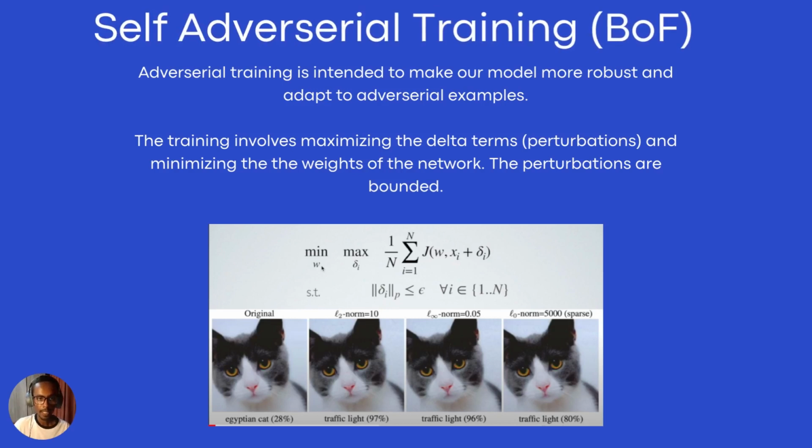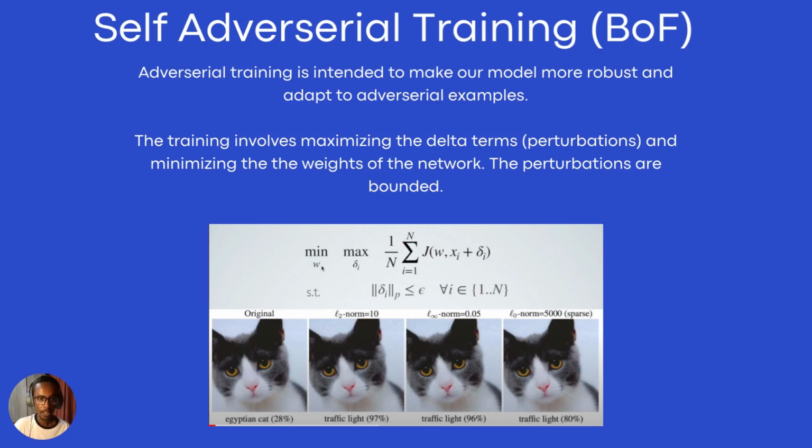Adversarial training is intended to make our model more robust and adapt to adversarial examples. The images that we generate by introducing these small changes are known as adversarial examples. The cost function for training on an adversarial example is to maximize over the delta terms, which are the perturbations that we introduced, and minimize over the weights of the network.